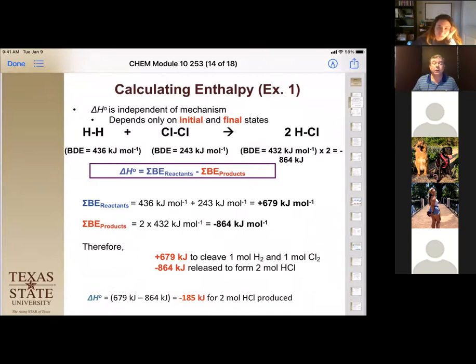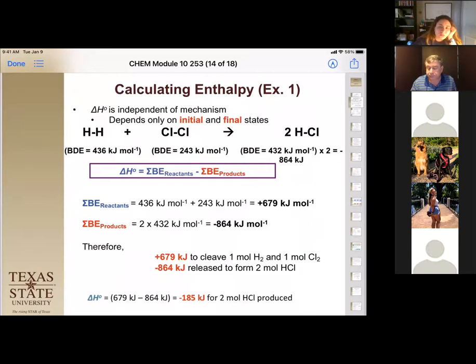We have to look at the sum of all the different bonds being formed and the sum of all the different bonds being broken. And so that looks like the sum of the bond dissociation energies of the reactants minus the bond dissociation of the products, because in the reactants we're breaking bonds and in the products we're making bonds.